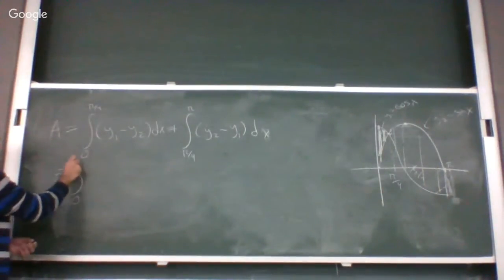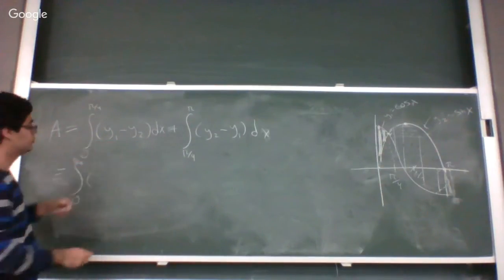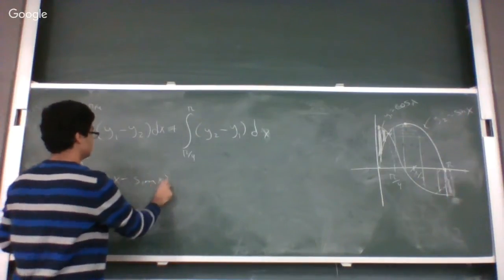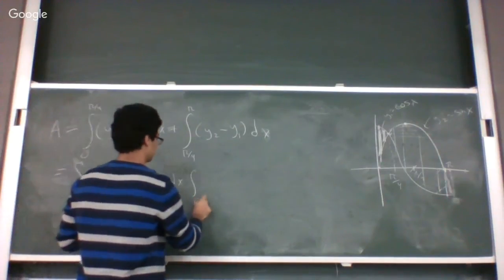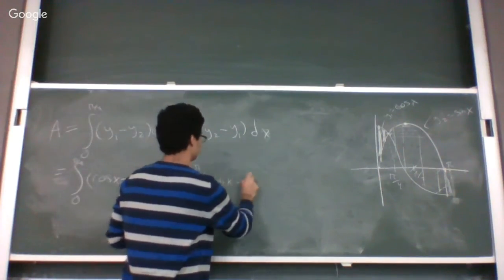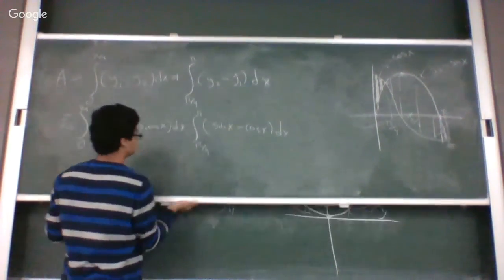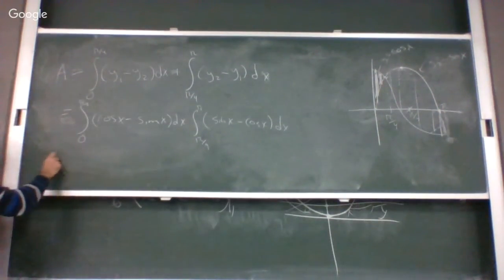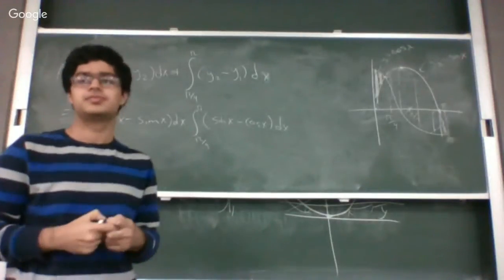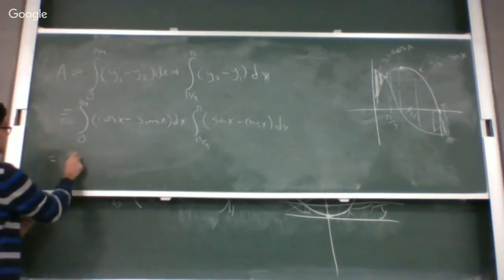So from 0 to pi over 4, y1 is cosine, so cosine minus sine of x dx, plus the integral from pi over 4 to pi of sine minus cosine dx. So this shouldn't be that bad. What's the integral of cosine? Regular sine. So sine of x.